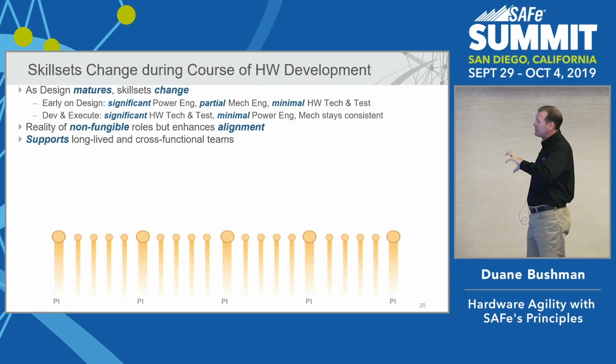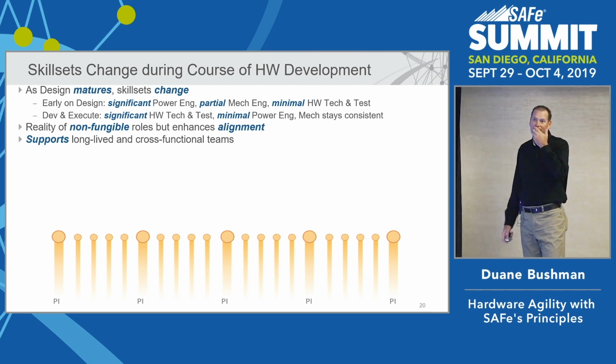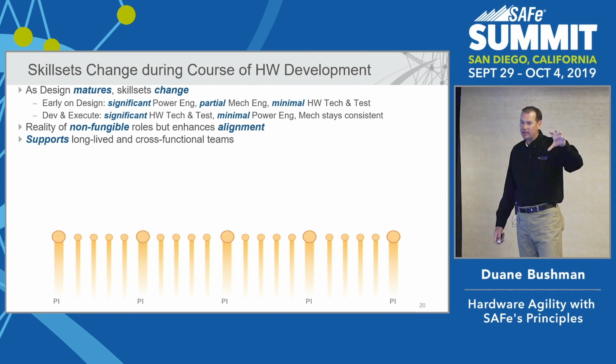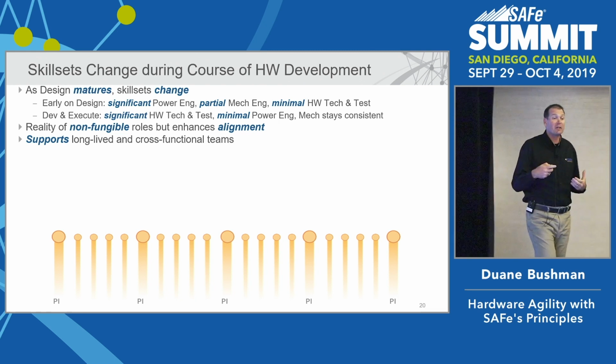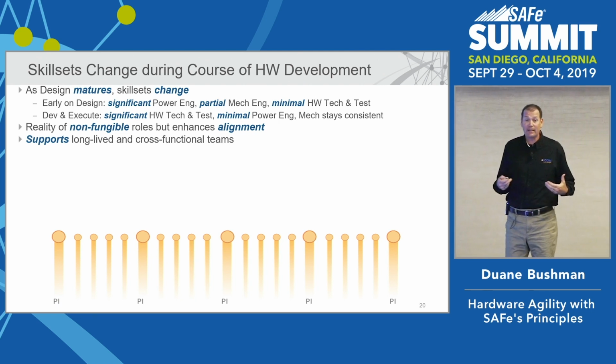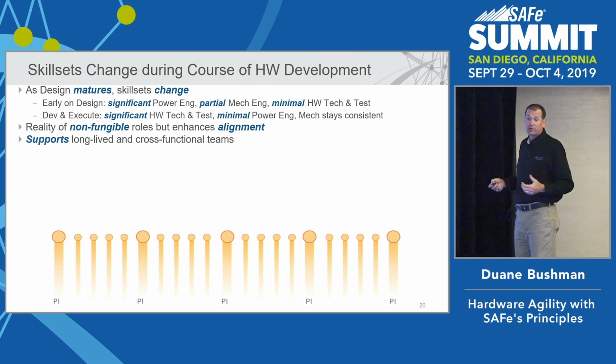And in very simple terms, one of the challenges is people say, yeah, but Duane, our power engineer is designing, and once they're done designing this initial thing, they've moved on to the next one. Well, we can keep the team together and keep those non-fungible roles and have alignment as we start acting as a true team. And we can support that long-lived cross-functional team.